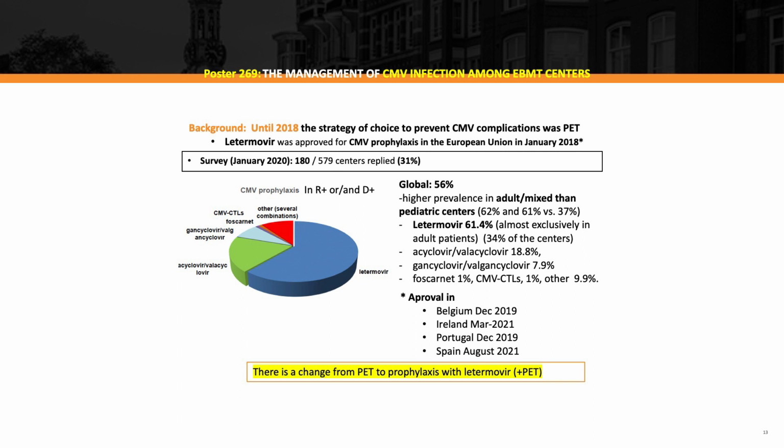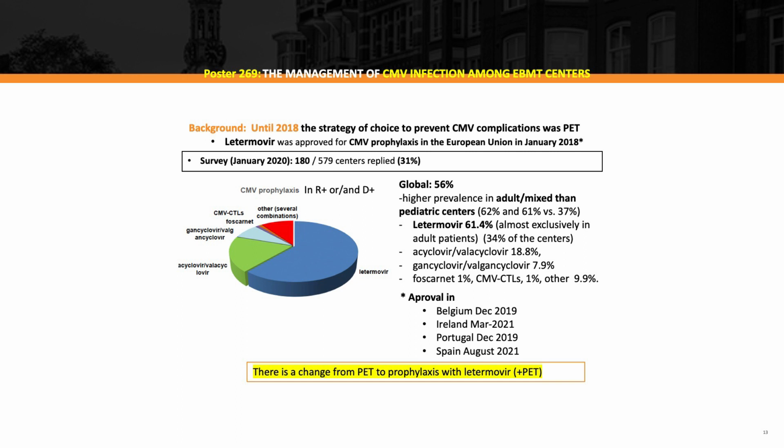This survey was sent to all the transplant teams. The response rate was 31%, 180 centers, which is quite good. And I'm only going to present what is a historic change: the use of prophylaxis. As you can see, letermovir was used in 61% of the centers that use prophylaxis, and in the centers treating adults, it's 34%.